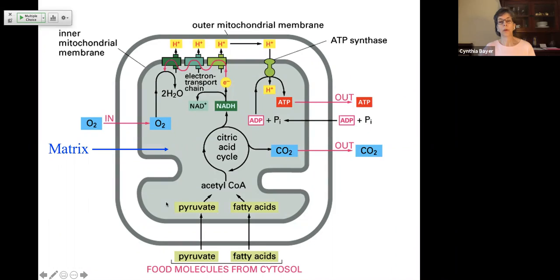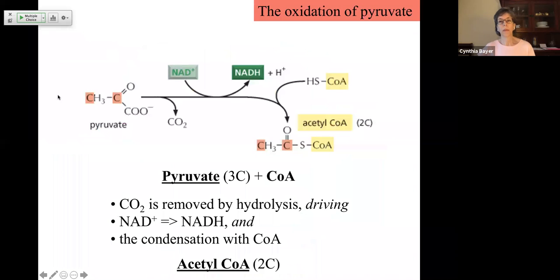We're going to look at the biochemical steps of this phase of cell respiration. So pyruvate, the 3 carbons of the pyruvate, and remember we have 2 pyruvates for every glucose molecule. Pyruvate's going to be oxidized.